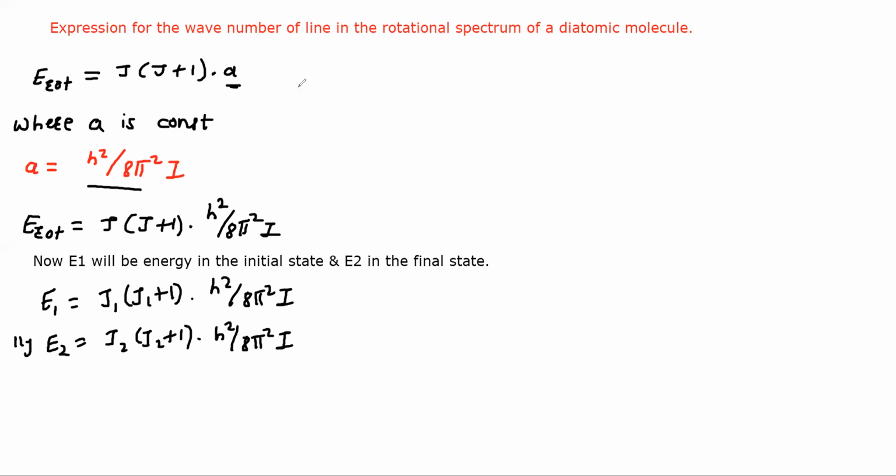For the difference between the two energies, we can write down delta E. Delta E is nothing but the difference between the two energies, which means E2 minus E1. Okay, so we know the equation for E1 and E2.